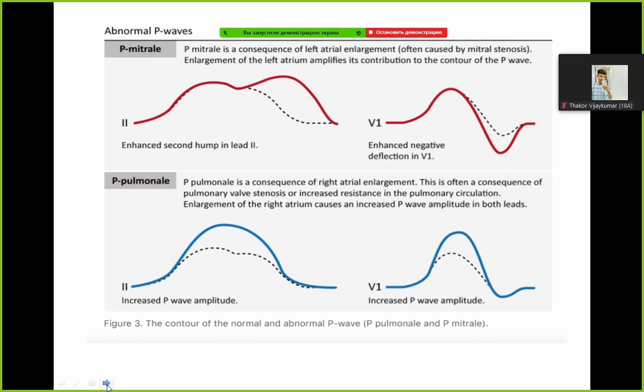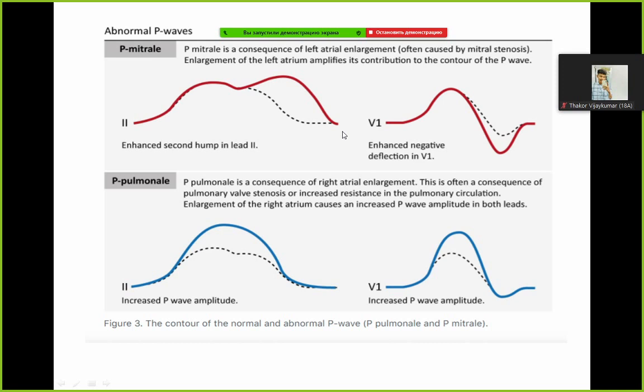Right and left atrium hypertrophy. First, left atrium hypertrophy, which is also called P mitrale. Once again, we have two waves in the P wave. The first wave is depolarization of the right atrium and the second is depolarization of the left atrium. If we have hypertrophy of the left atrium, it means that the second part of the P wave will enlarge.